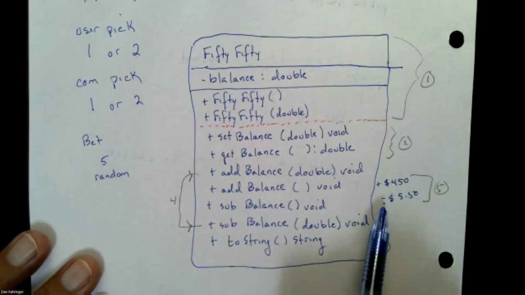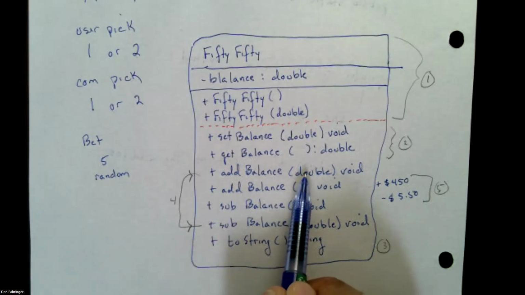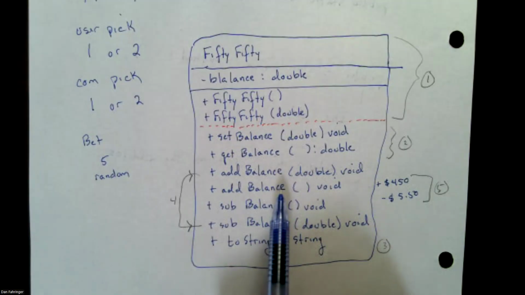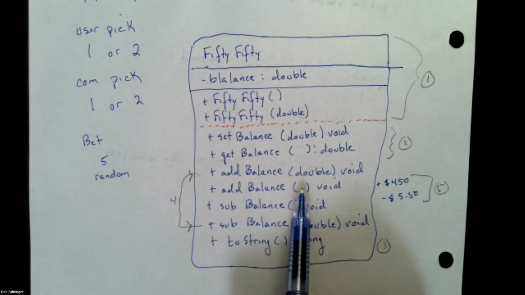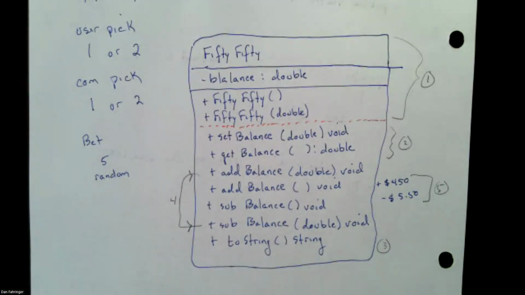But if you lose, $5.50 gets subtracted from the balance. So I have two different add balances. One if the user wants to bet, one if the user wants to use the default of $5. And if you win, you only win $4.50. But if you lose, $5.50.